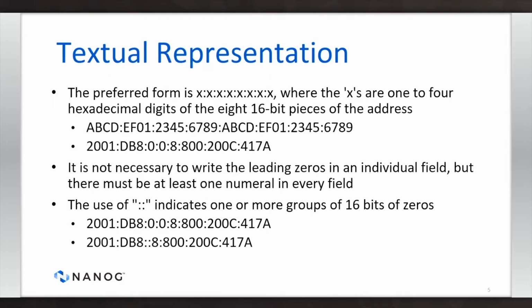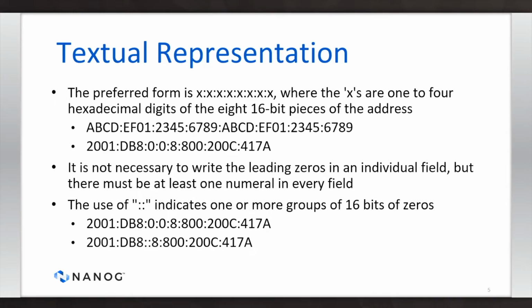Now, it's not necessary to write the leading zeros in each field, but there must be at least one numeral in each field. So let's take a look at this address, the second one here, 2001:DB8:0:0:8:800:200C:417A. Well, if you take a look at the zeros, we didn't have to write 0000.